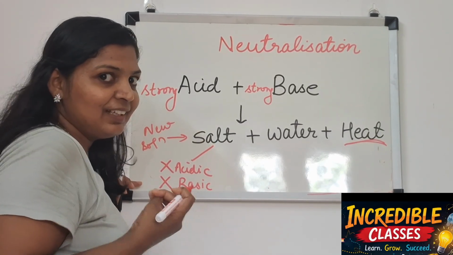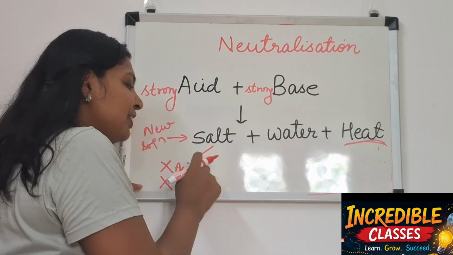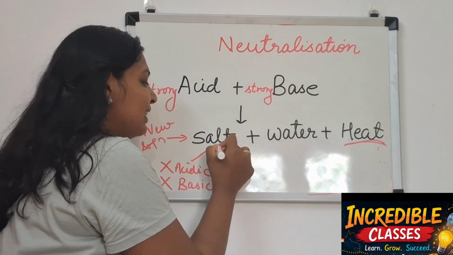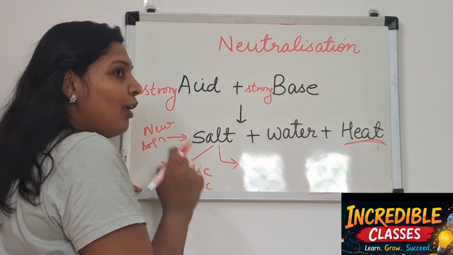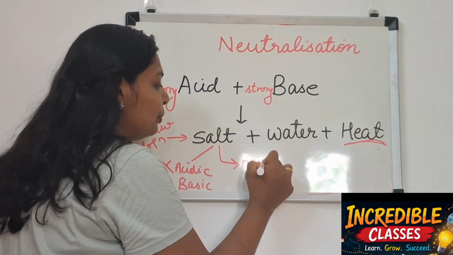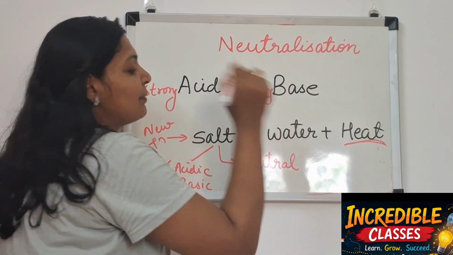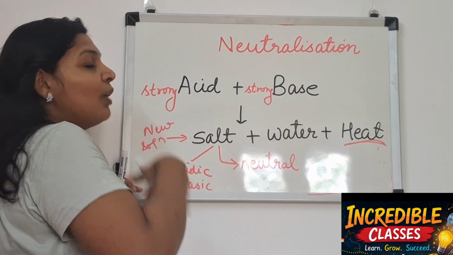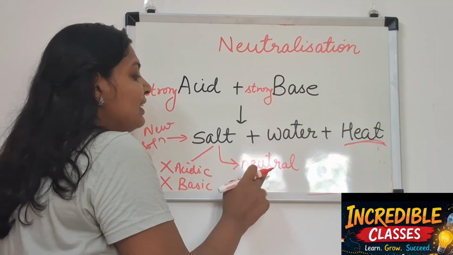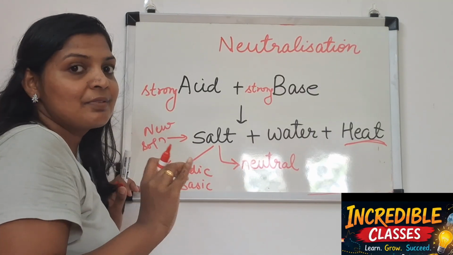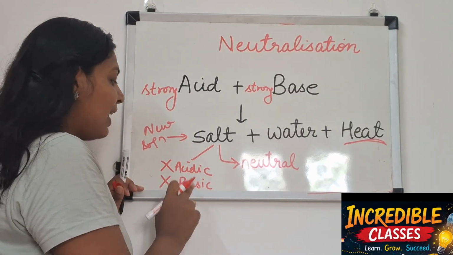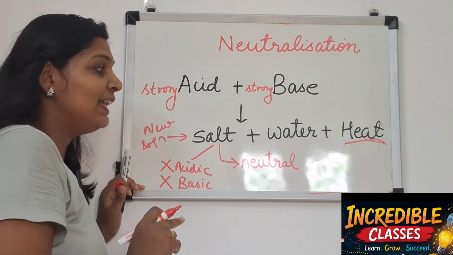You people think and tell. Yes, if it is neither acidic nor basic, then this salt is a neutral substance. Whatever salt we get, it is a neutral substance. It does not have the property of acid nor the property of base.